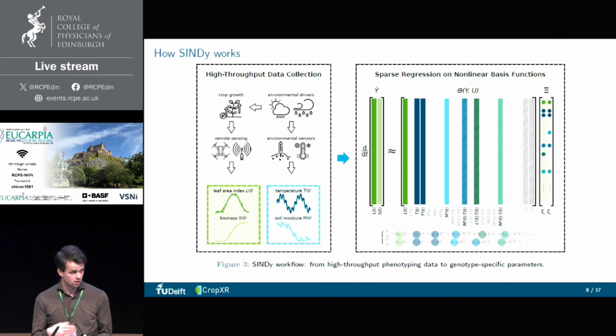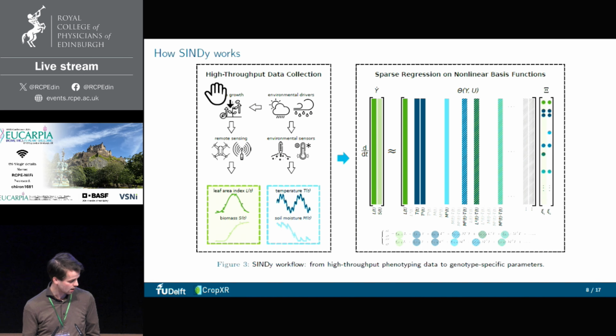So how does this look a bit more visually? We collect our data on crop growth using remote sensing. We know that the growth is driven by environmental drivers. We also collect these time series. We store those time series and then construct our matrix and vector equation. Here we have the matrix for the crop traits. We estimate a numerical time derivative using numerical methods.